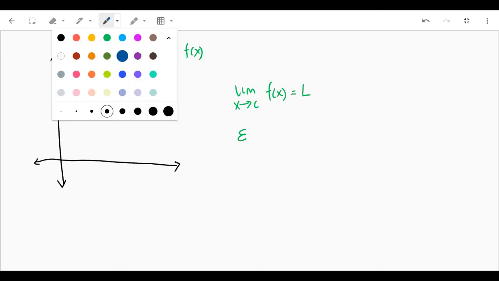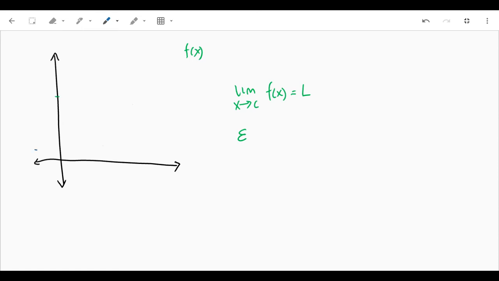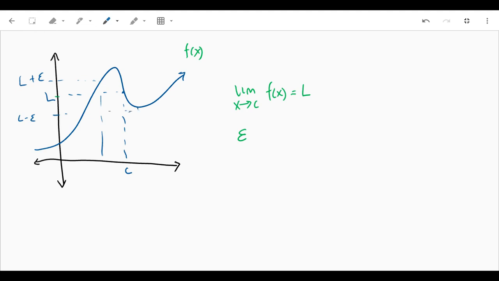So if our function looked like this, and this was our f of x, and we wanted to approach c, and our L was here, and we wanted to be within epsilon of it, and we have to hit it there.